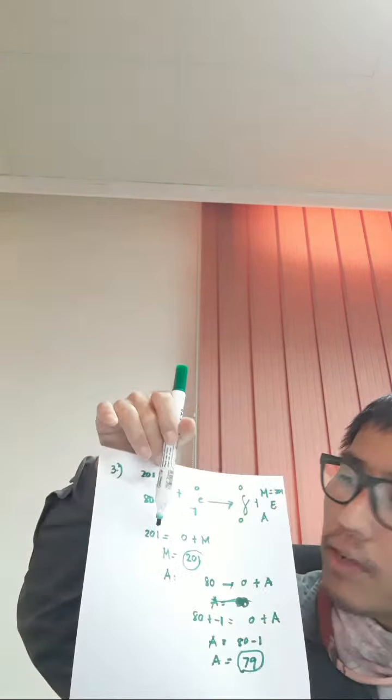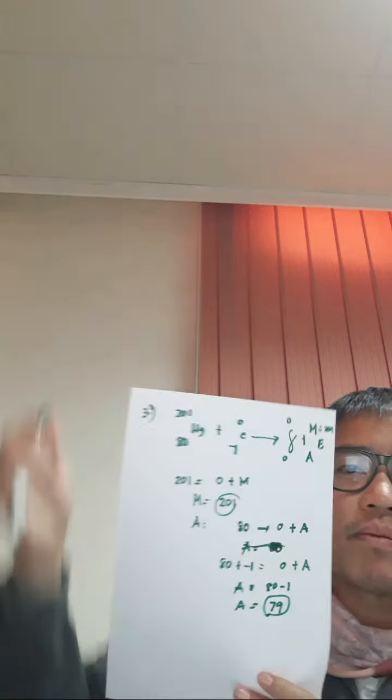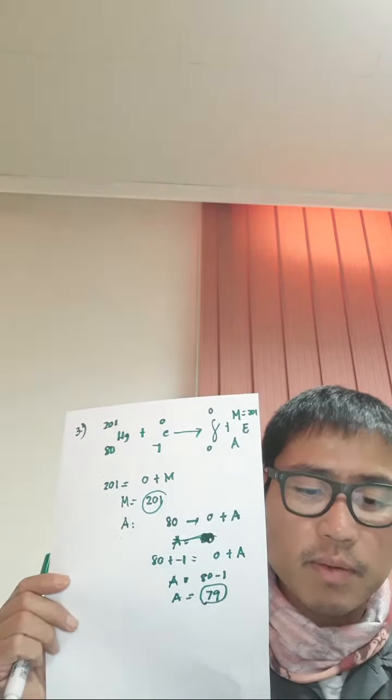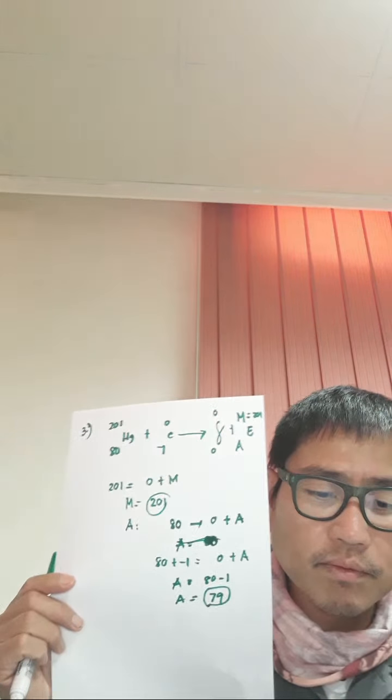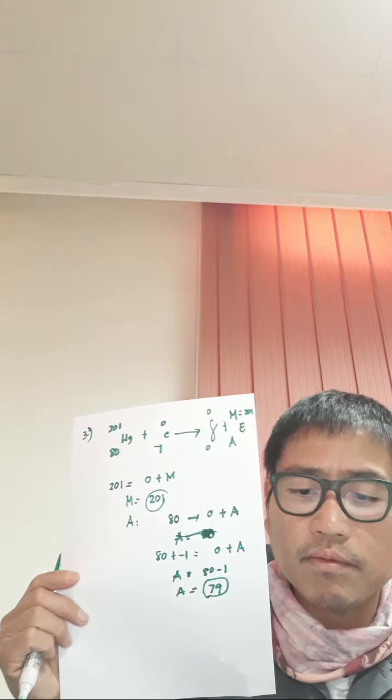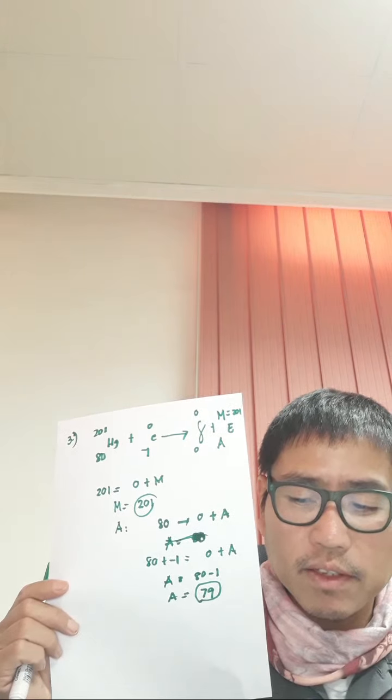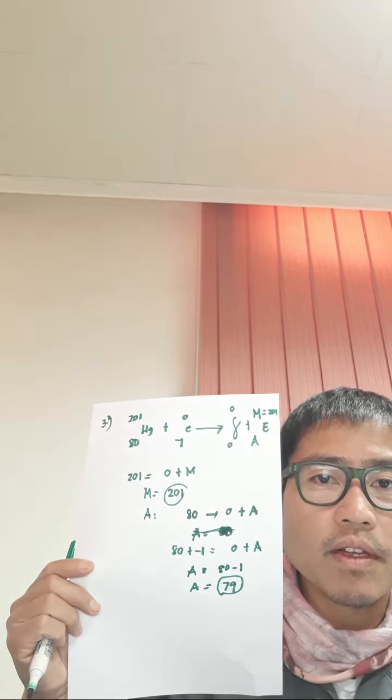That's why it's 201, because of the reactants and the products. You understand the point? So we need to find the element that has an atomic number of 79.